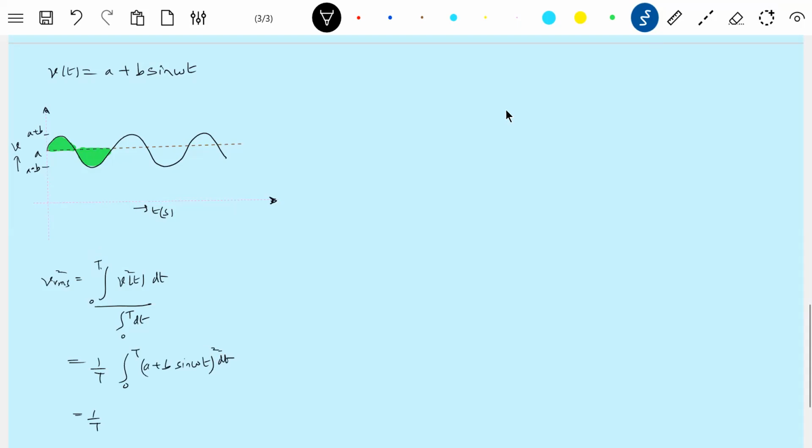This will be a square plus b square sine square omega t plus 2ab sine omega t, dt. So the VRMS square is equal to 1 by T, a square integral of 0 to T dt, plus b square integral of sine square omega t.